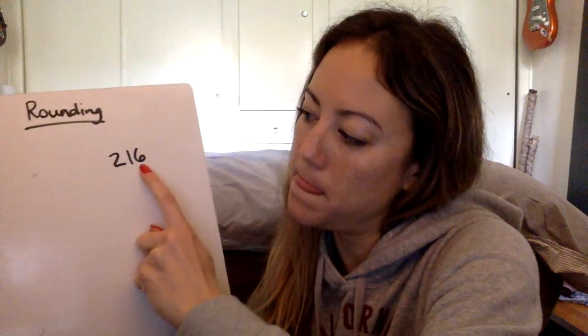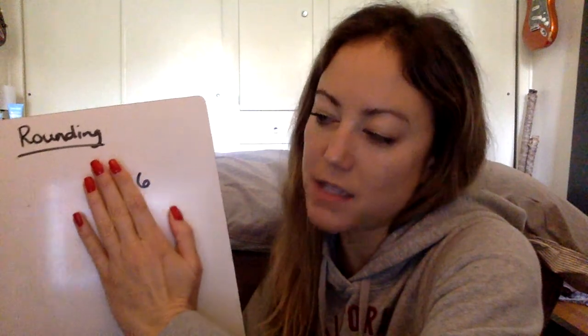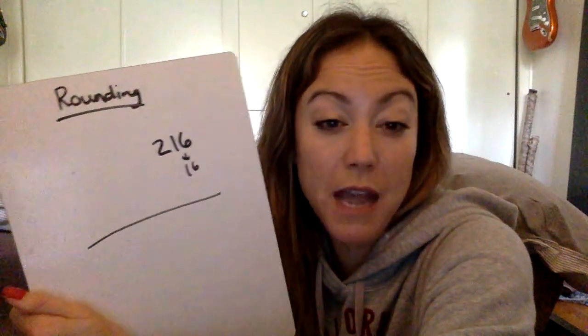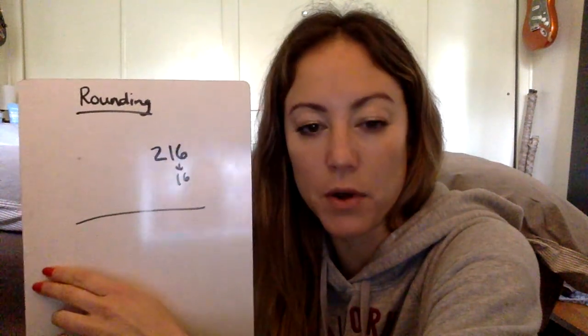Well, if you look at this number just in the tens column and then the ones, that's 16, right? So 216 is in between what two tens? I'll give you a moment to think about that, and you can write it down on your paper or your whiteboard.